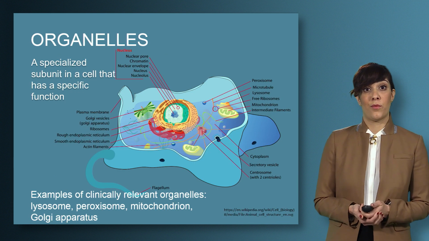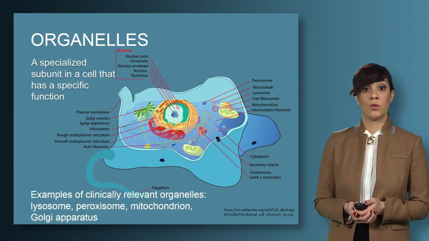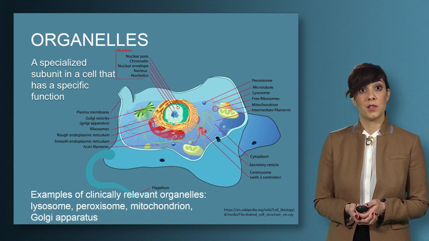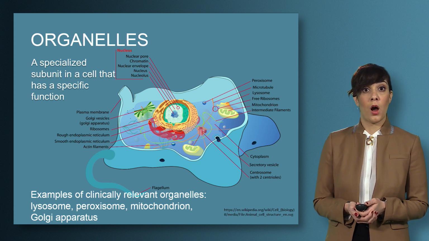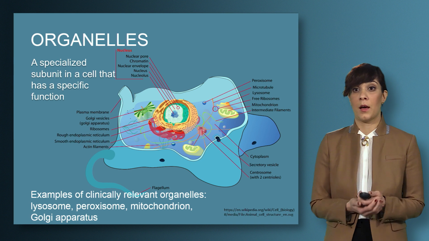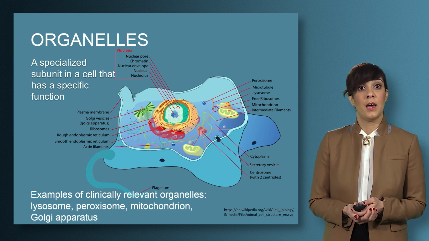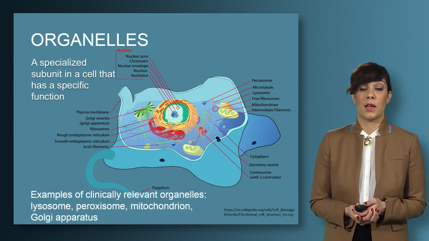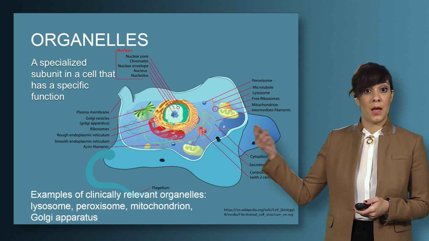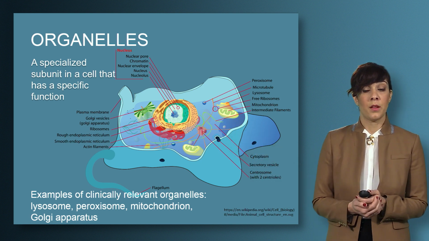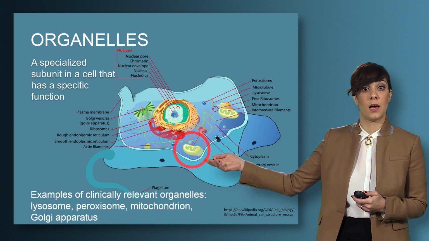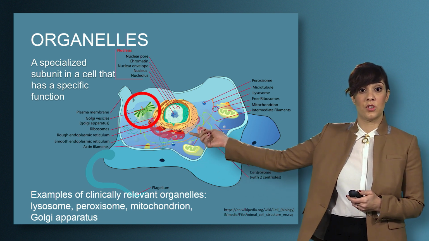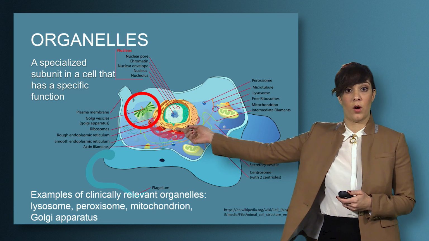Within the cell, you have a variety of organelles, and those are specialized subunits within the cells that have very specific functions. And there are multiple patients that have problems within organelles, and I follow a lot of these patients myself. And examples of clinically relevant organelles include the lysosome and peroxisome, the mitochondria, which is involved with the important energy metabolism within the cell, and the Golgi apparatus, which is this kind of green blob in this far corner.